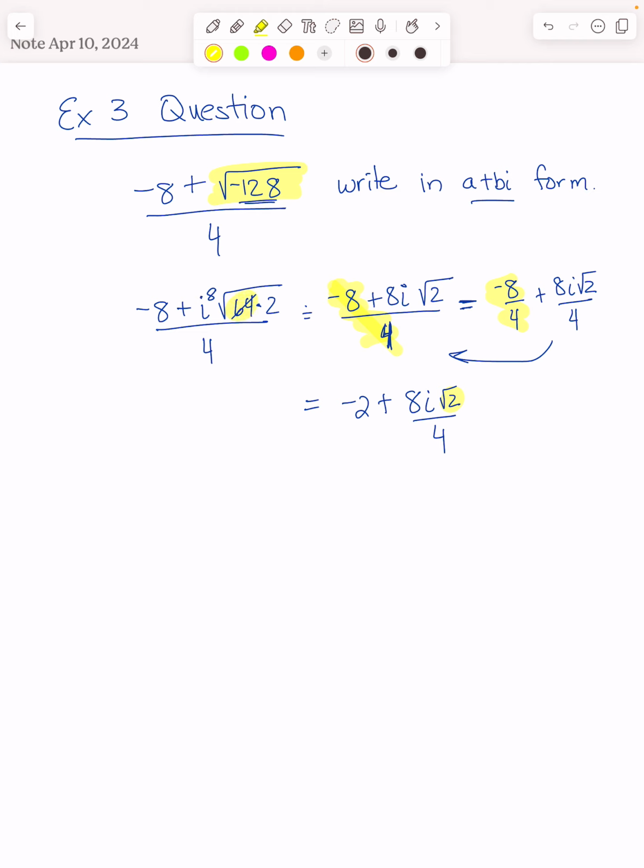Up here, I can take perfect squares. Square root of 64 is 8. I can take those out. But anything inside of a radical cannot be touched by anything not inside of a radical. So I cannot reduce that 2. That 2 is like protected inside that square root. But I can reduce this, right?